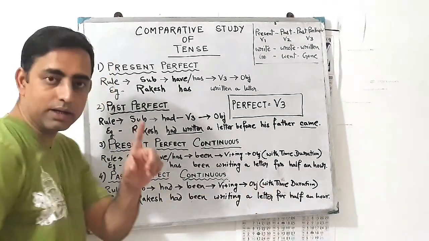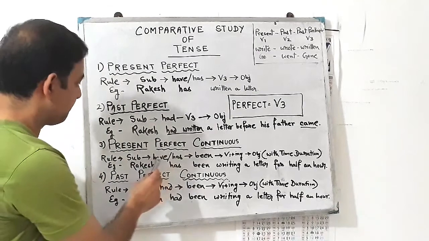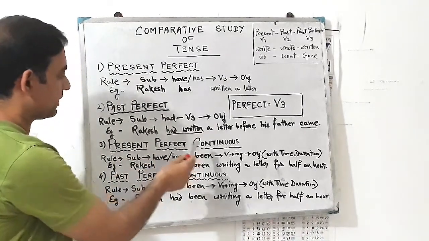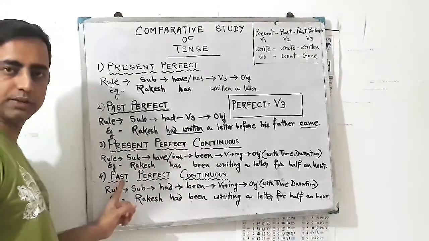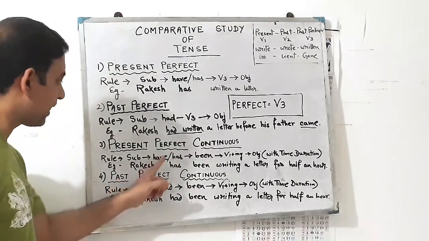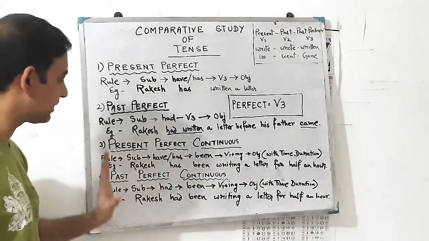The only difference is that in present perfect continuous you need to write have or has, and in past perfect continuous you need to write the past form of have and has, that is had. Had should be written, nothing else.